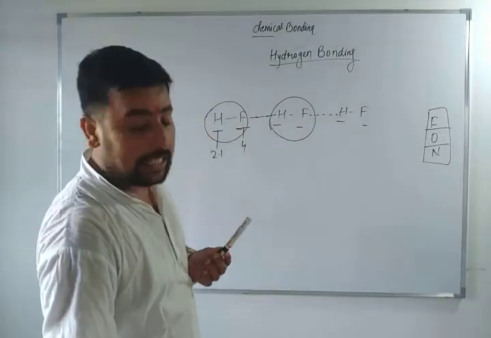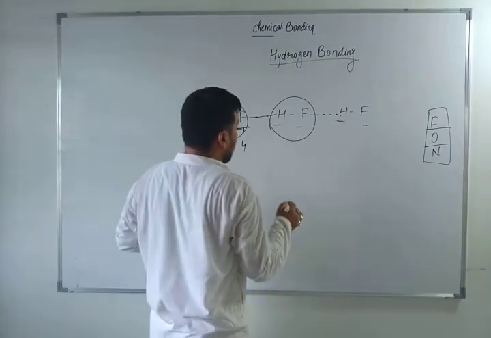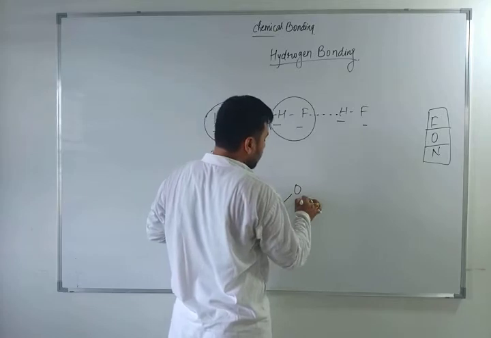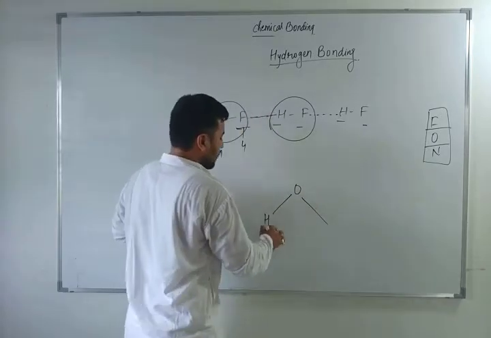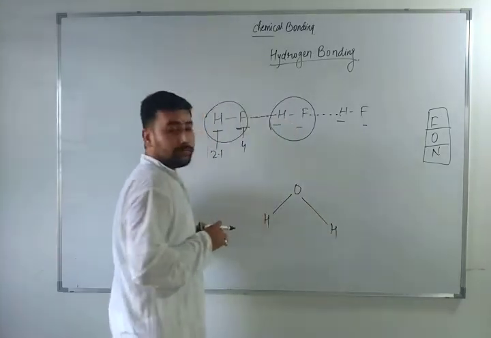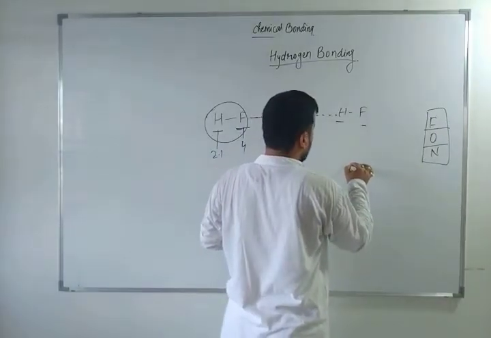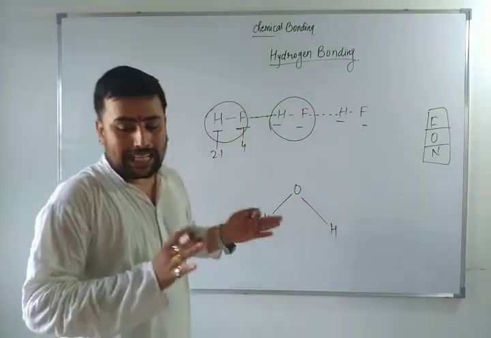So hydrogen bond is formed between two atoms or two molecules when both the atoms are highly electronegative. It can occur between oxygen and hydrogen also. H2O bond is there. Just suppose this is H2O, and here also oxygen, the same diatomic I have to represent.